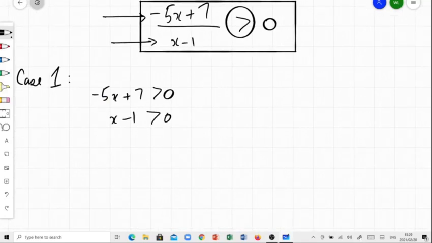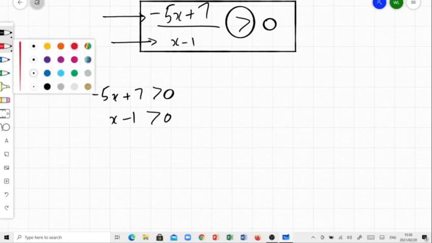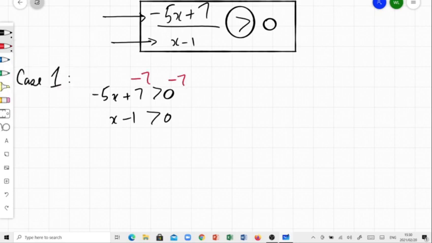Okay, now let's be very careful with how we handle this. We proceed much as we do with equations when we solve minus 5x plus 7 is positive. So what I'm going to do is add minus 7 on both sides so that I can get just the numbers and letters separated.